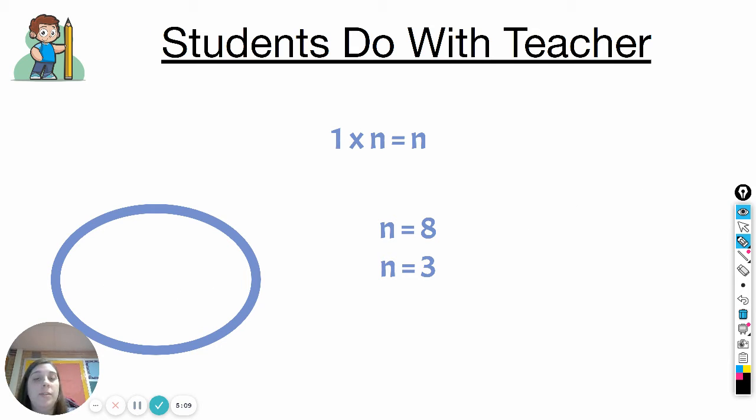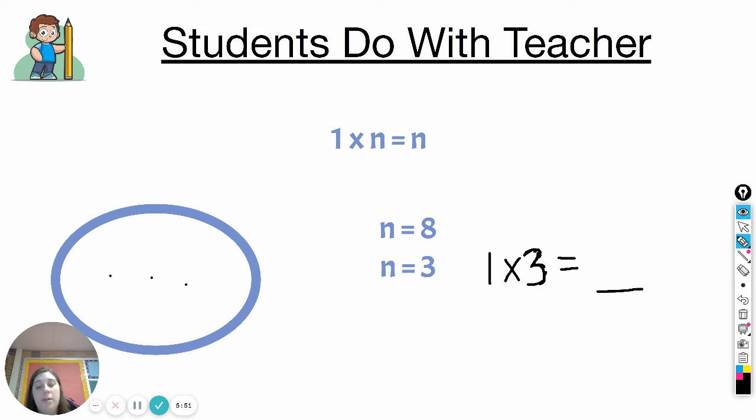Now let's try it with 3. So on your whiteboard, I want you to write 1 times 3 equals. Draw your big circle and put 3 dots in it. 1, 2, 3. Now go ahead on your whiteboard and solve. 1 times 3 equals what?